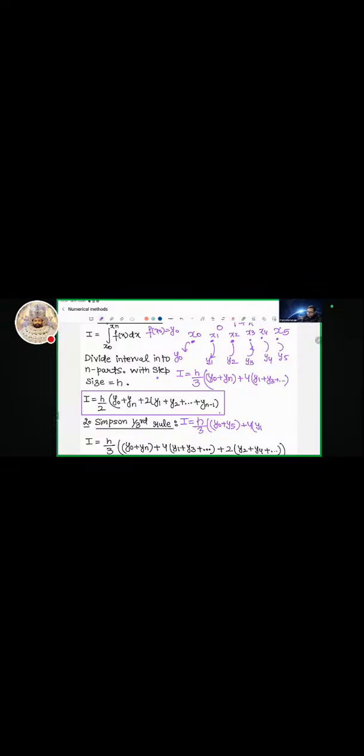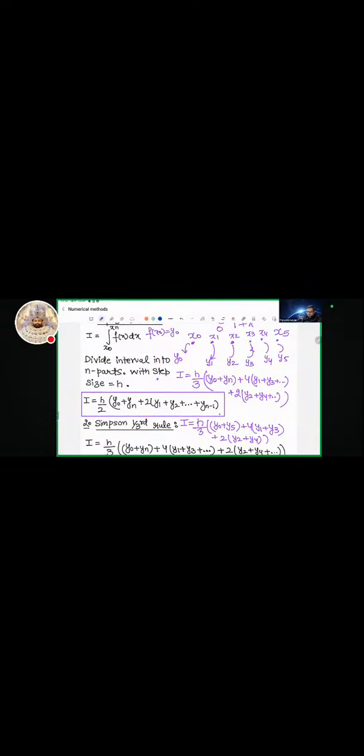You will not include y5 because y5 is already included. Then you write 2 and then you write all the even terms, y2, y4 and so on. That is your answer.